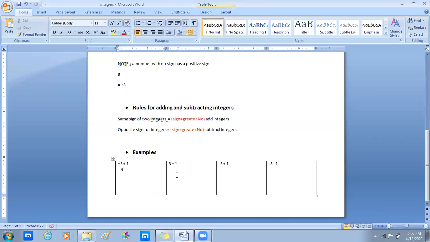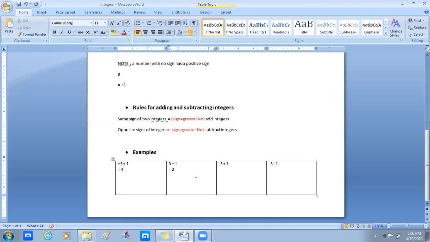Now move on to the second example, that is 3 minus 1. 3 minus 1 is 2. This is something that you people already know. But now just look at the rules. It means 3 does not have any sign over here.